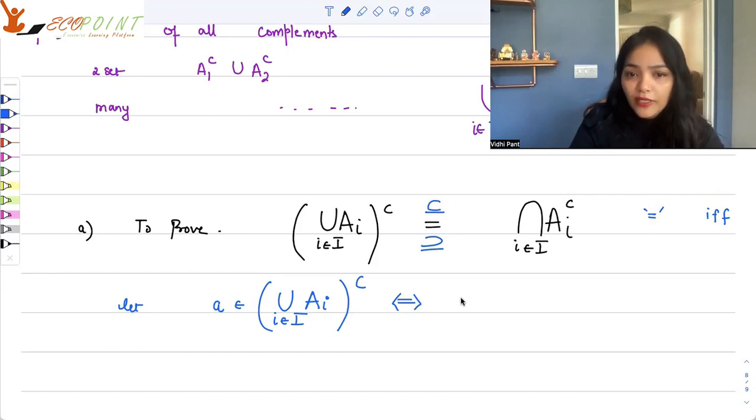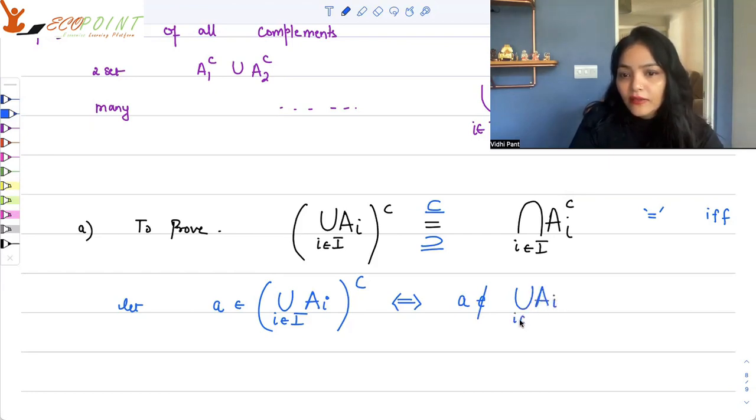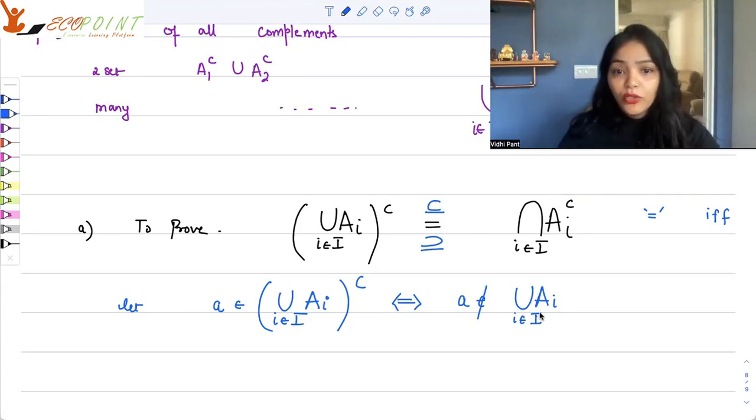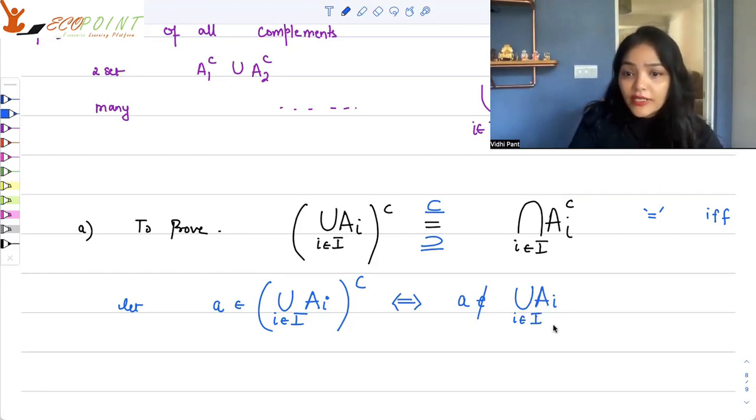a does not belong to the union of A_i. In case a does not belong to the union of A_i, that means a is not in any of the A_i, a is not in any of the sets from this family.